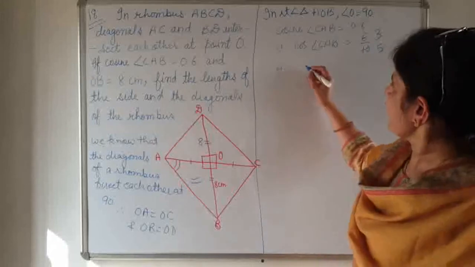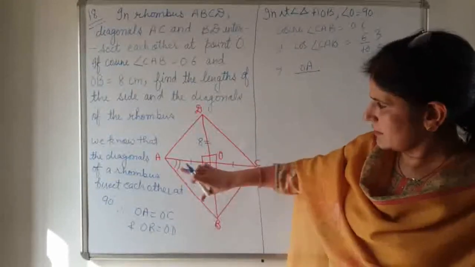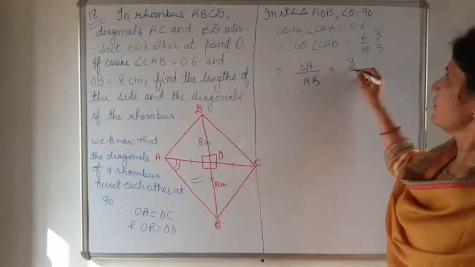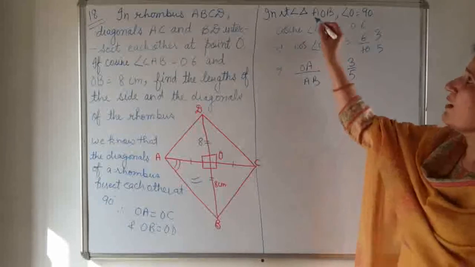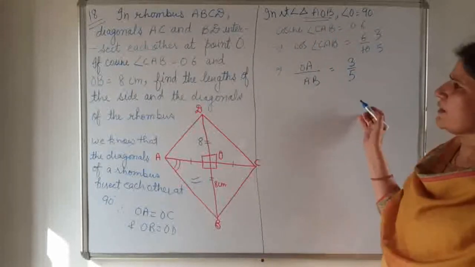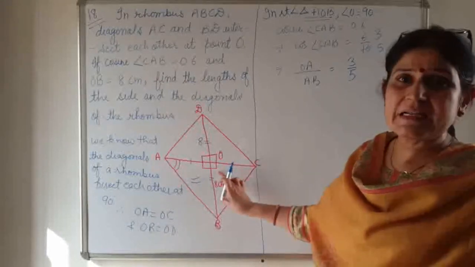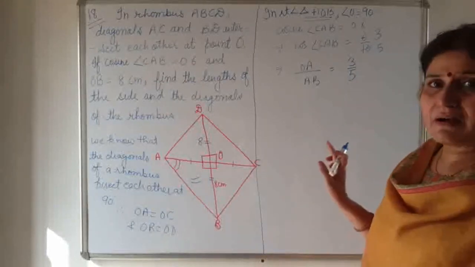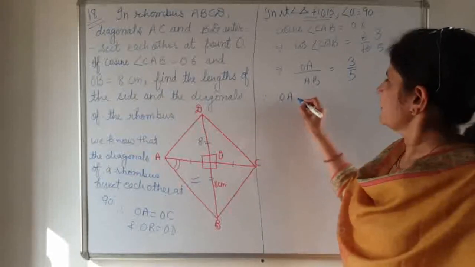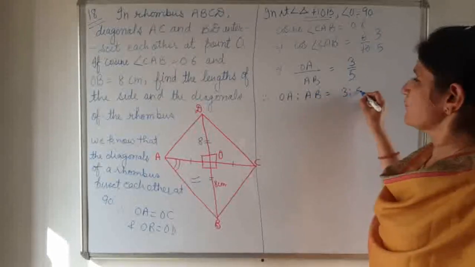Base is OA. Hypotenuse is AB equals 3 upon 5 according to the triangle. Now can you take OA as 3 and AB as 5? No. Why? Length of one side is given here. So that's why we can't take. Therefore, OA ratio AB equals 3:5.